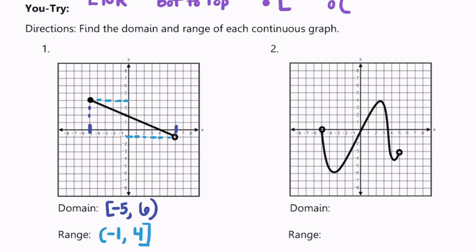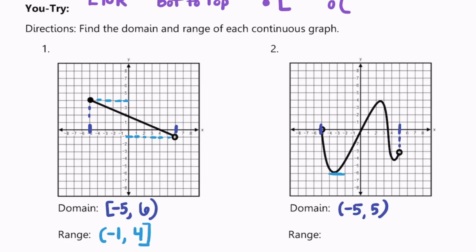Number 2, the value farthest on the left is -5, and the value farthest on the right is +5. Both of them have an open circle, so they're both going to have parentheses. Now, looking at the range, the lowest value is not necessarily where those points are.